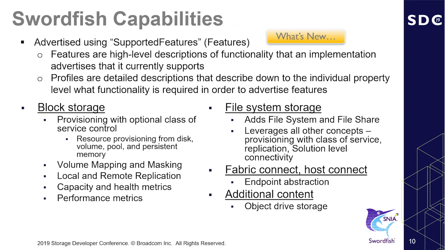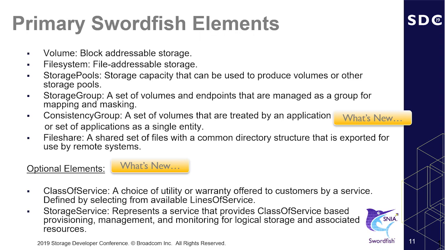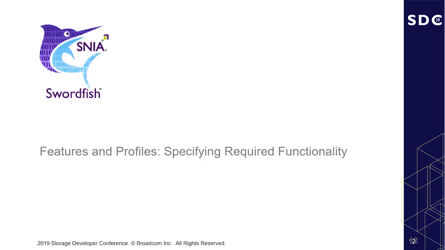We added in being able to advertise and define what the required functionality actually is. We did add two things here. One is we added the consistency groups. The other one was we added the optional elements. The elements themselves existed. They're just now optional. Okay, so into features and profiles.